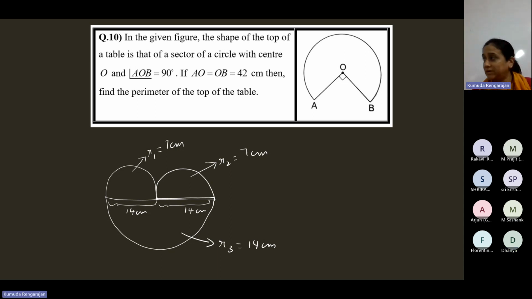Correct. Now tell me. Use R1, R2, R3 and frame the formula or the expression to find the perimeter of this region. Perimeter, not area. Take your time. Take a minute and tell me correctly. Don't substitute the number. Just use R1, R2, R3 and tell me.